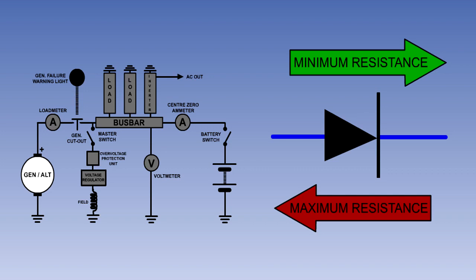The diode rectifiers in the alternator end frame are solid-state devices, which convert AC to DC and permit the current to flow out from the alternator, but not into it from the battery. They have a very low resistance in the direction of the arrowhead and a very high resistance in the other direction.